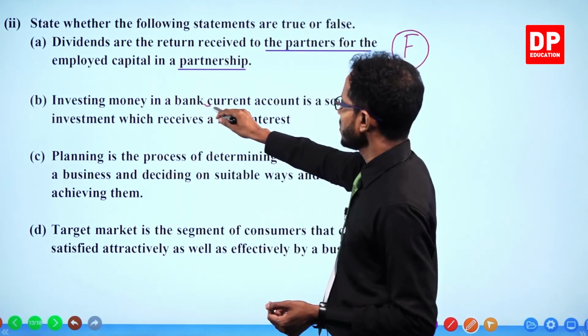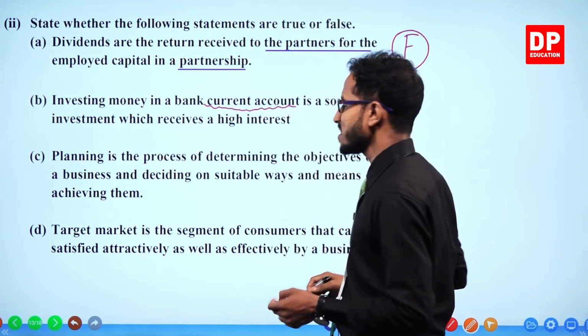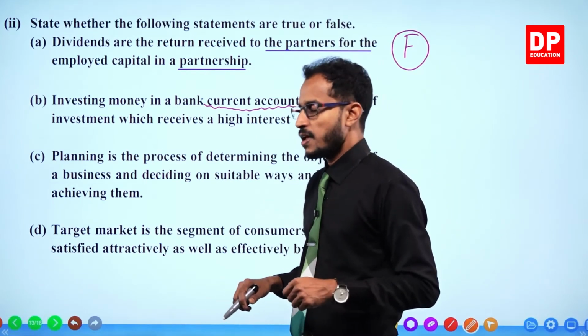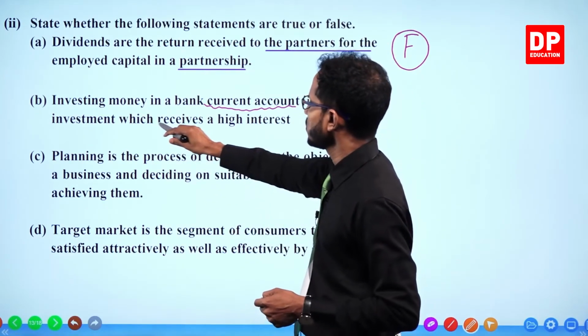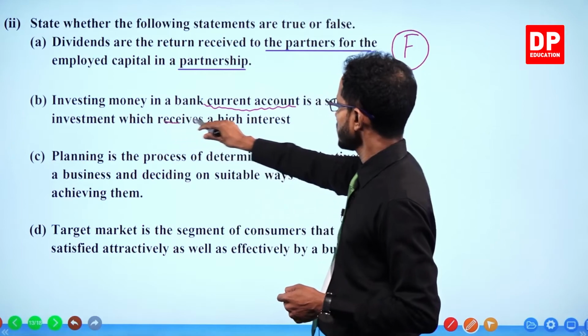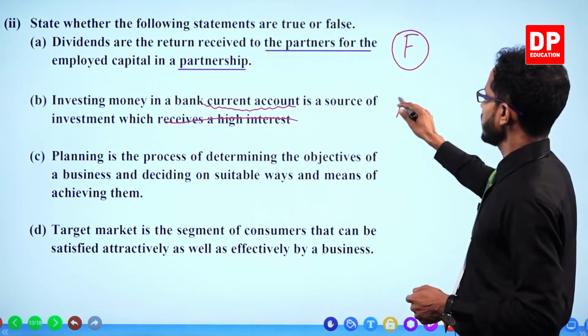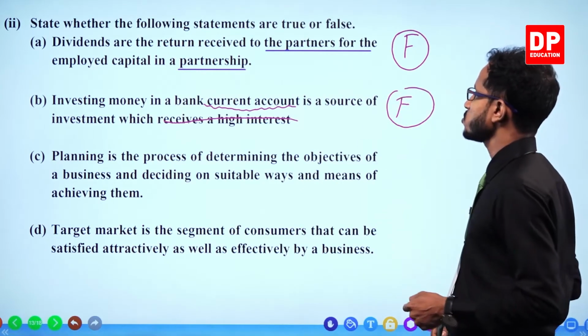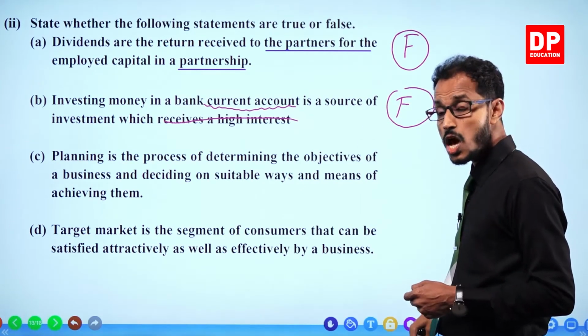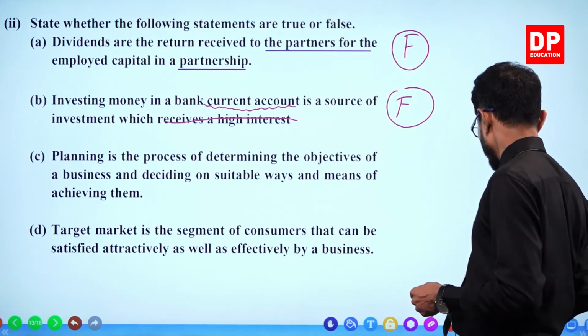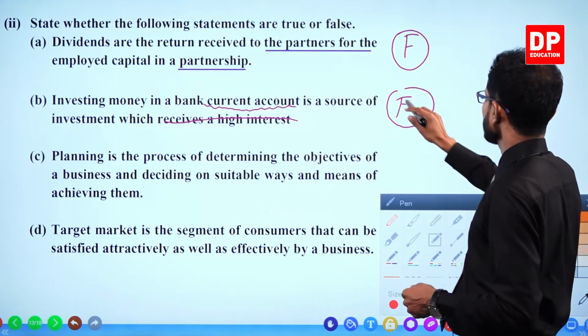Current accounts cannot be considered as a source of investment, because current accounts do not receive any interest at all. So this is false.